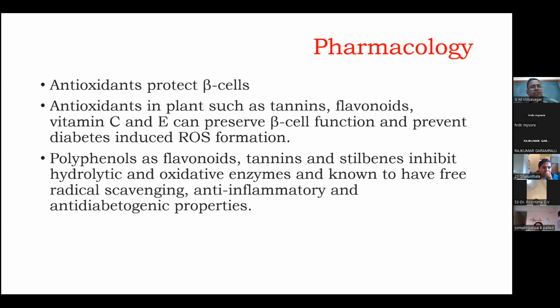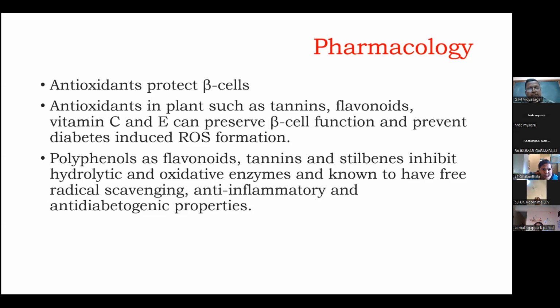Antioxidants play a very important role in protecting the beta cells. There are different types of antioxidants. Antioxidants in plants, for example, tannins, flavonoids, vitamin C, vitamin E, and even vitamin D, recently identified, play a very important role in diabetic management and beta cell functioning, and prevent diabetes-induced ROS formation.